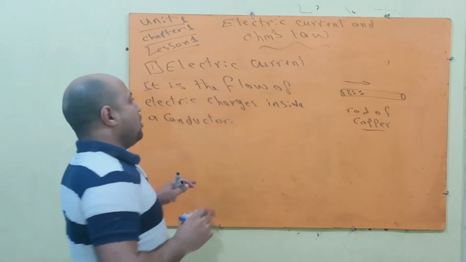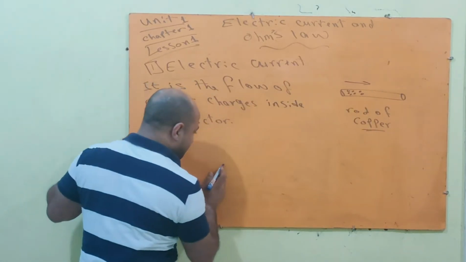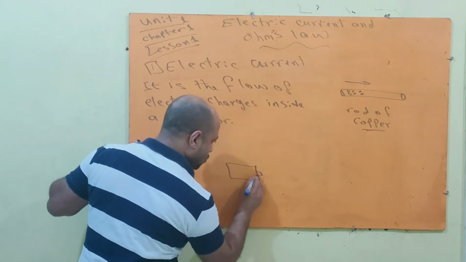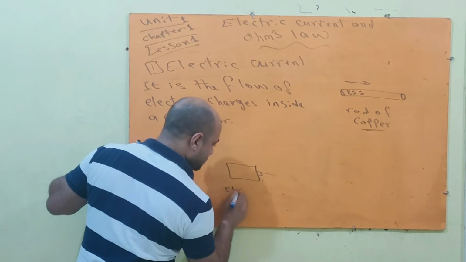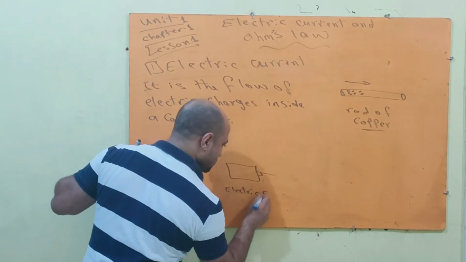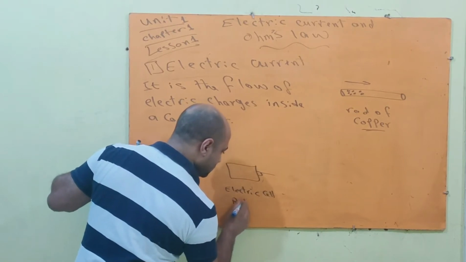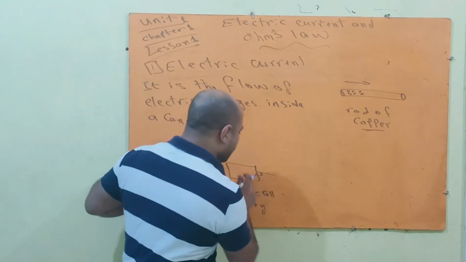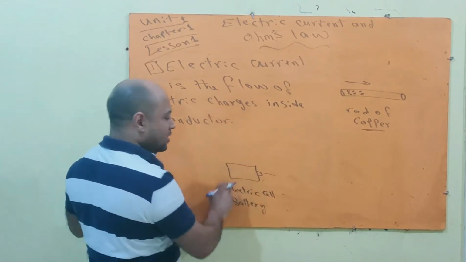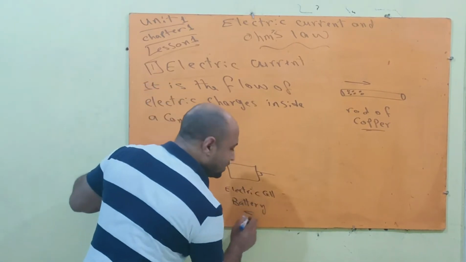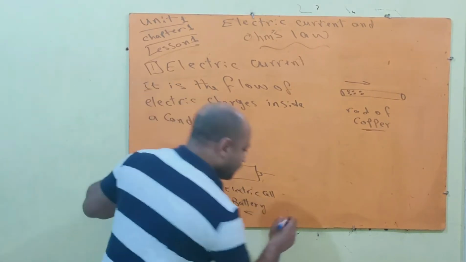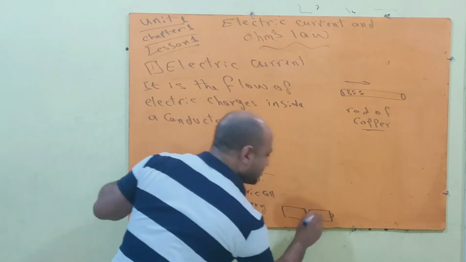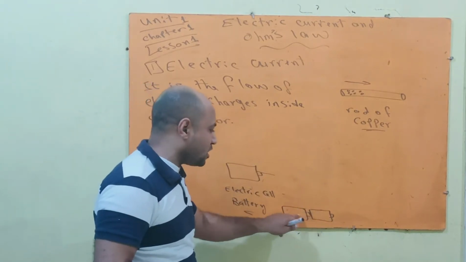Okay. If we have an electric circuit, for example, a battery, we can call it electric cell or battery. The difference between electric cell and battery: if we have only one cell, it's called electric cell. But a battery may contain more than one cell, for example two electric cells, and they are called a battery. Or three, also called a battery.